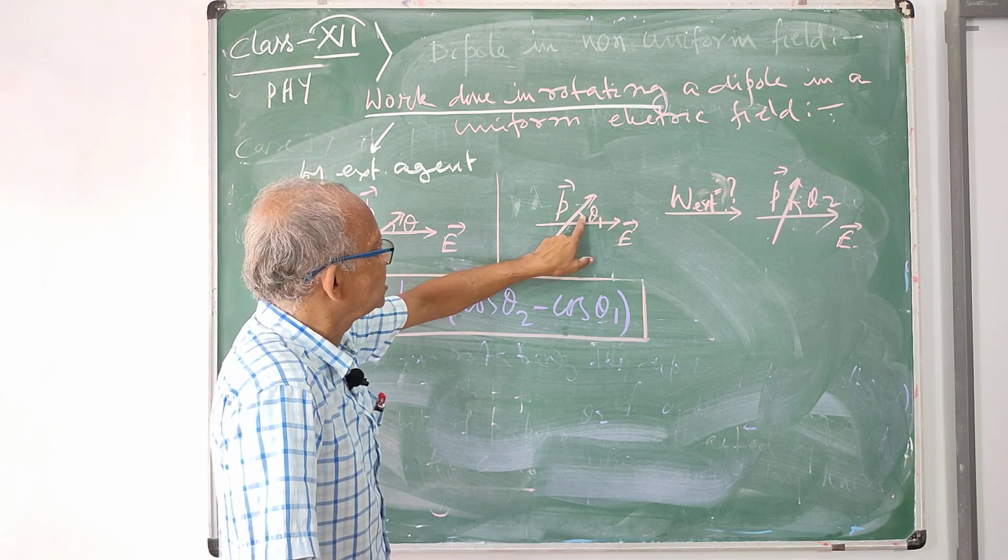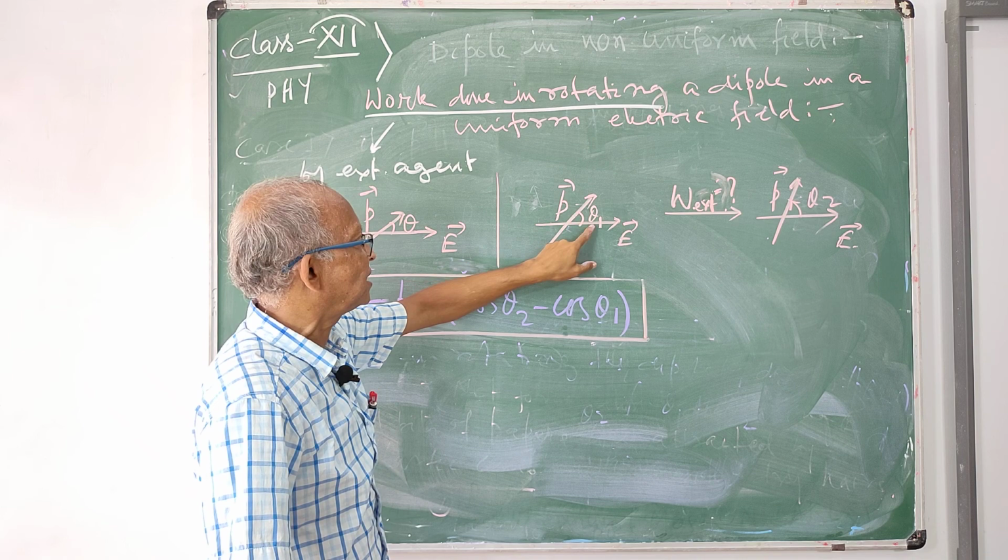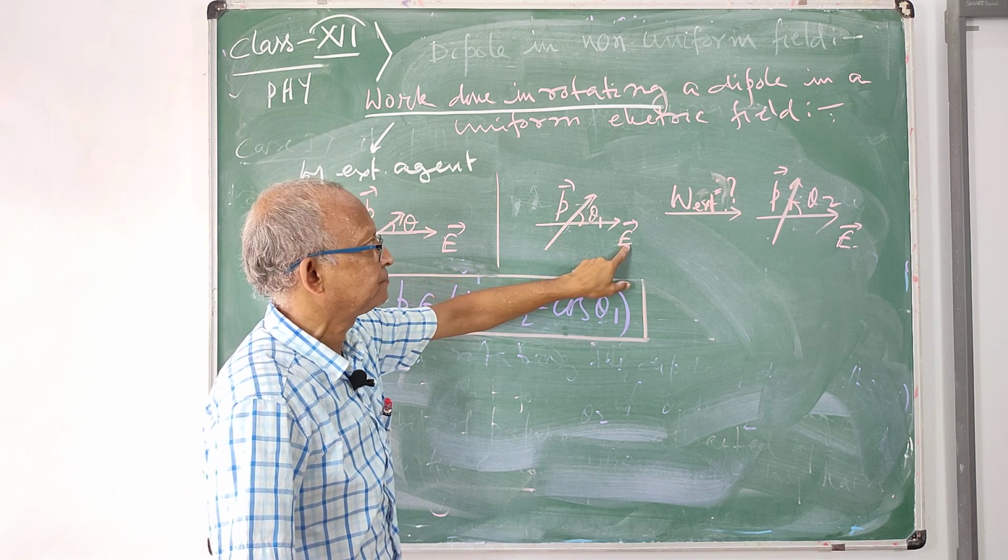Initially, the dipole is oriented in such a way that the dipole moment makes an angle theta 1 with the field.